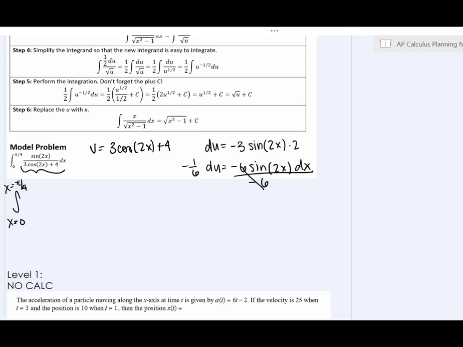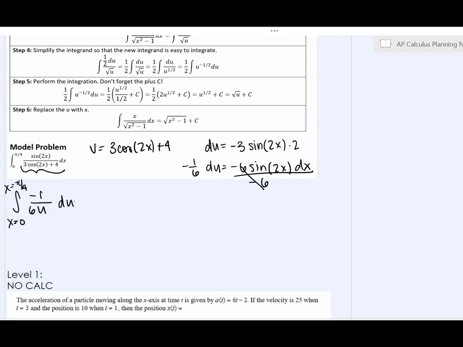Now I know that u is that whole denominator, 3 cosine of 2x plus 4, so that's going to be over u. And I also know that this sine of 2x dx is equivalent to negative 1/6 du. So I'm going to put that negative 1 over 6 here, and then that's du.